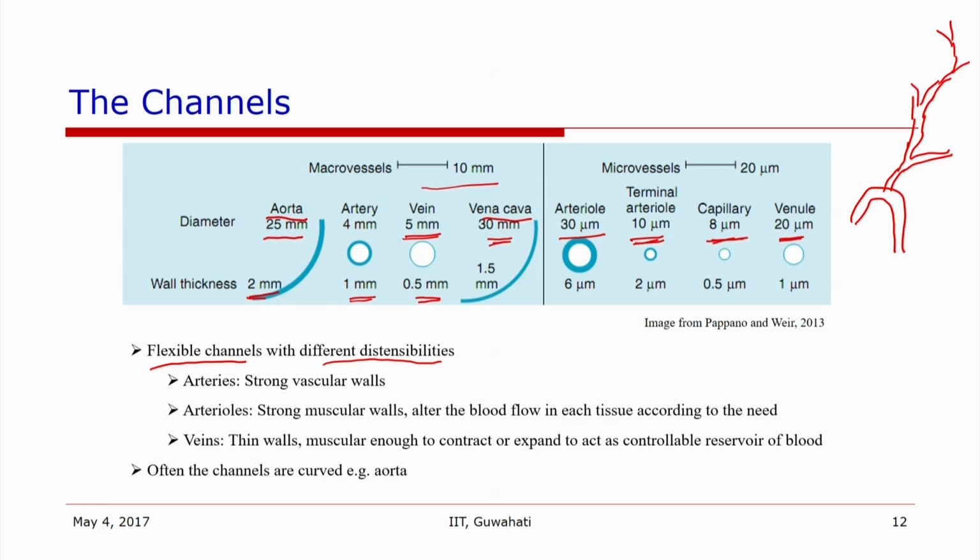They are also known as capacitance vessels, so they can store a lot of blood in them. Arterioles are known as resistance vessels. And many a time the channels are curved.